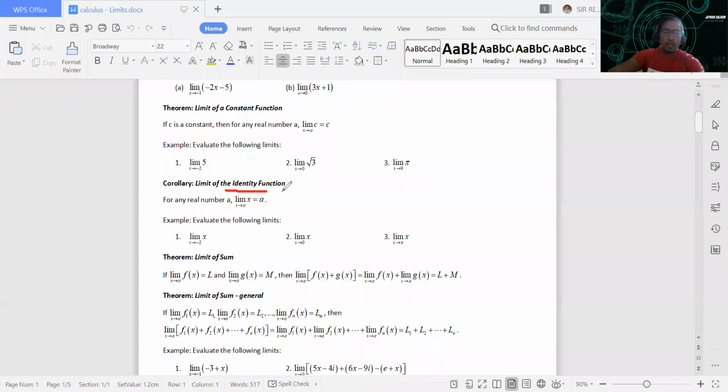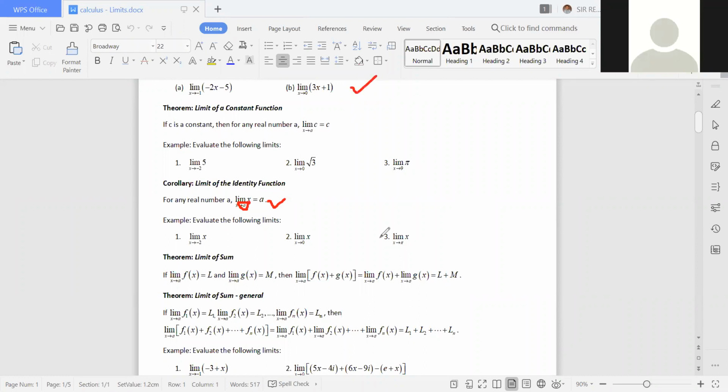How about you have a limit of identity function? If you say identity function, it is a function wherein whatever is the input, the output is the same with the input, right? So your f of x is equal to x. This is just the extended form of the linear function a while ago.